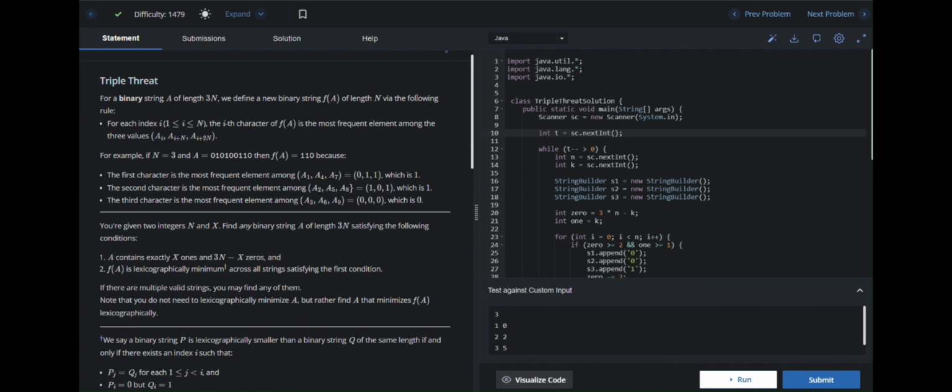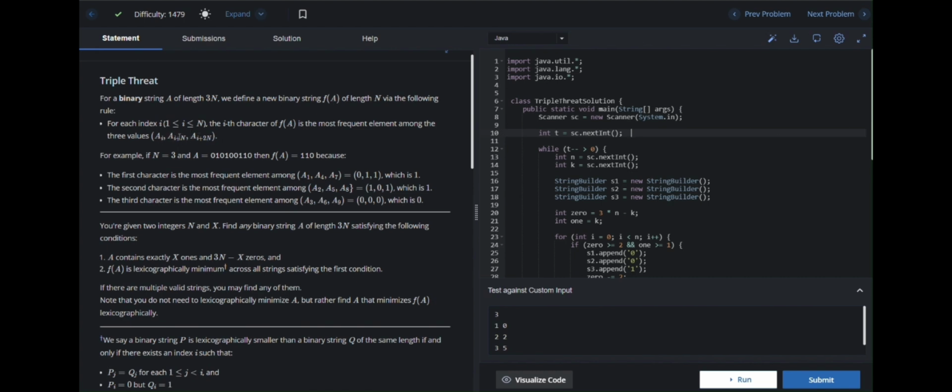Okay, so each character of fa depends upon the majority of three positions: ai, ai plus n, and ai plus 2n. That means we have to divide the string into three parts, such that when we pick these elements ai, ai plus n, and ai plus 2n, we take the most frequent element.